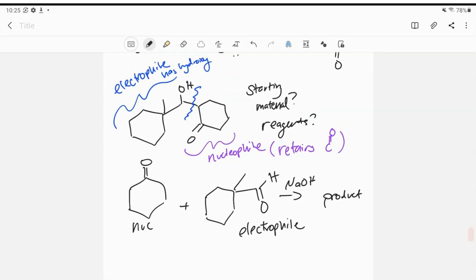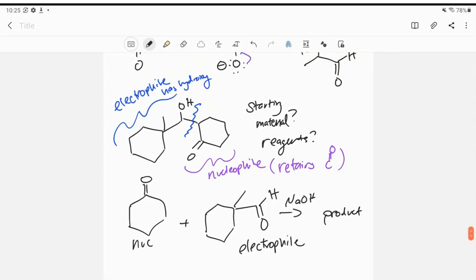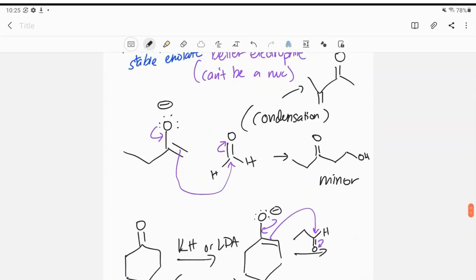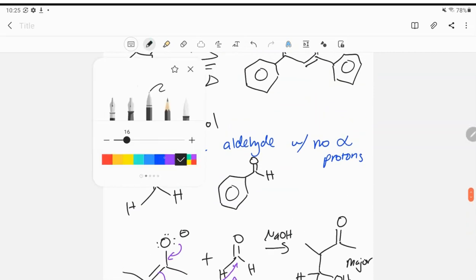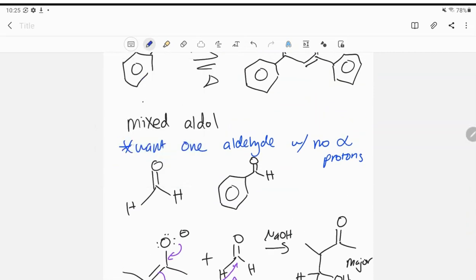All right, questions on, yeah, go ahead. Not a good idea here, not necessary. So remember, you use KH or LDA if you don't have this scenario here. If we don't have an aldehyde with no alpha protons, then we are going to have to deal with KH or LDA.